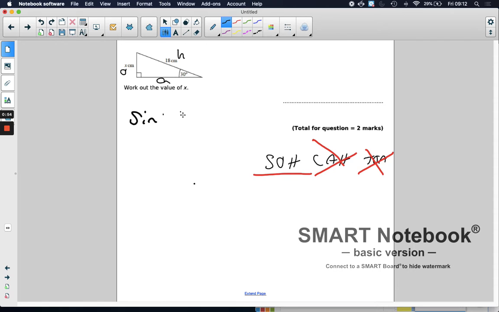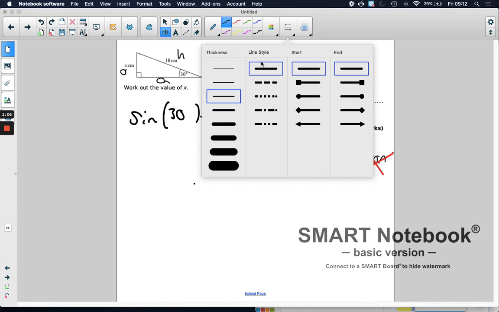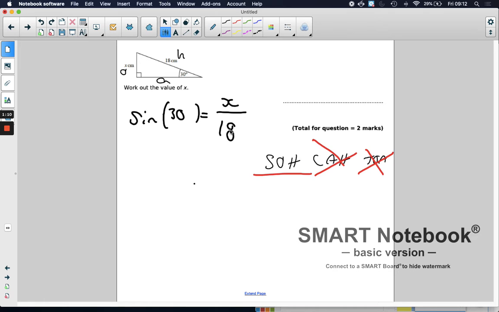Okay. So I know that the sine of the angle, which in this case is 30, equals the opposite, which is x, divided by the hypotenuse, which is 18. To find x, then I need to multiply both sides by 18.